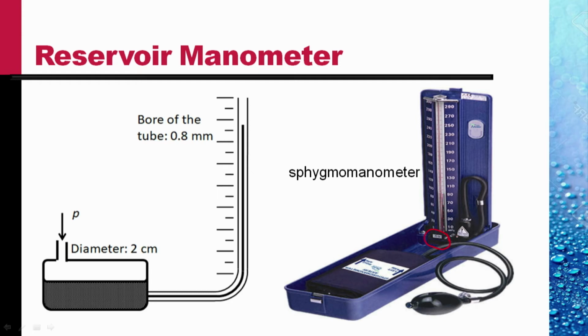It is kept vertical, and when the pressure is applied to the reservoir, mercury rises as a column within the capillary. And by reading the height of the mercury column on the scale, fixed scale provided, we can calculate the pressure head.